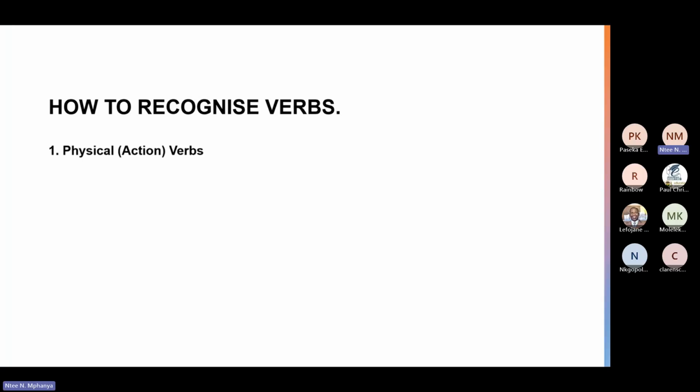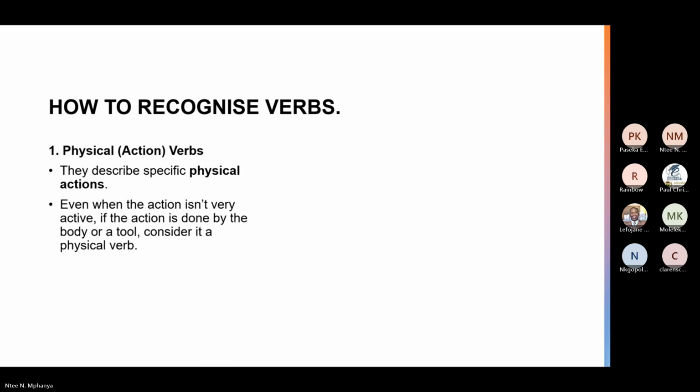Then, how to recognize them? We have physical verbs. They describe specific physical actions, even when the action isn't very active. If the action is done by the body or a tool, consider it a physical verb. For example, Jabu runs every day.